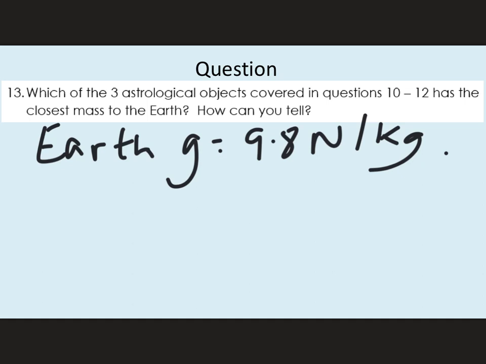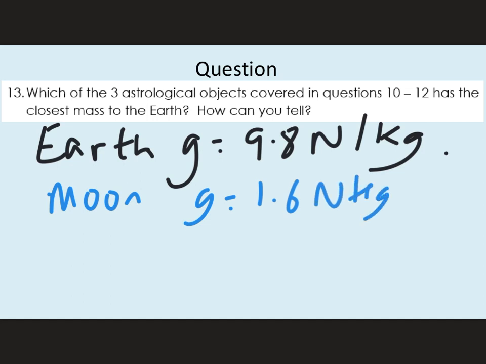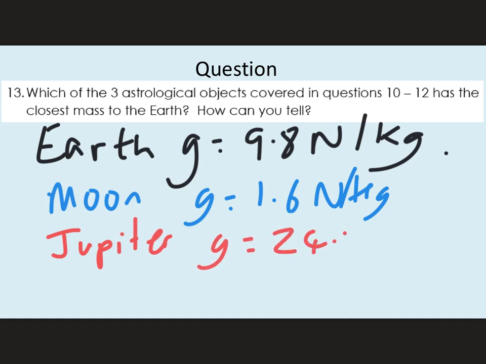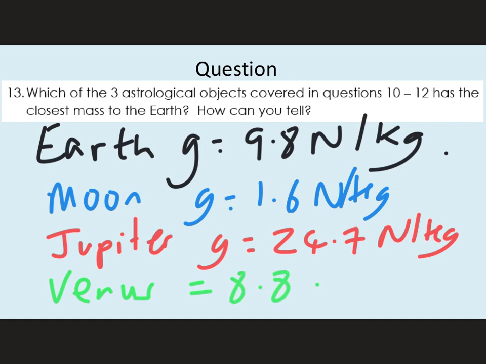You can look at your questions more easily than me, but for the moon, G was equal to 1.6 newtons per kilogram. Jupiter, G was equal to 24.7 newtons per kilogram. And then we had Venus, which was 8.8 newtons per kilogram.